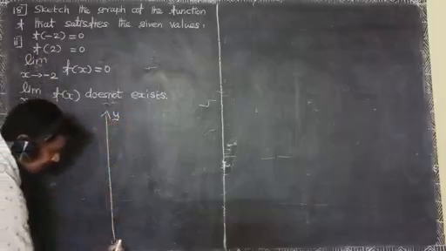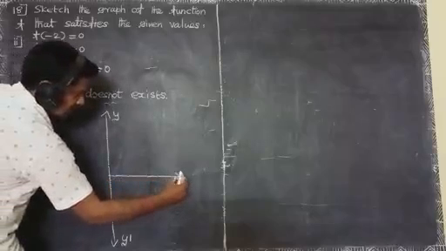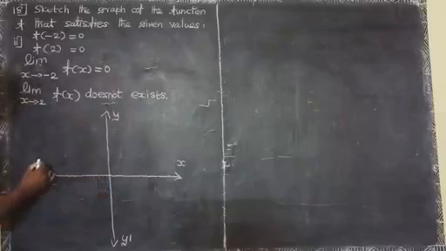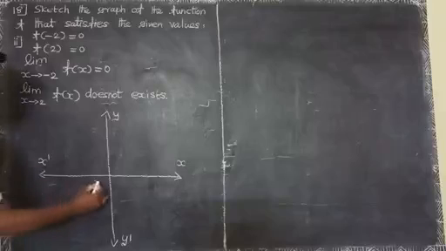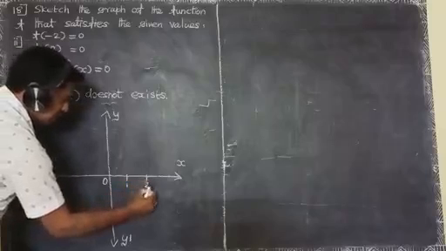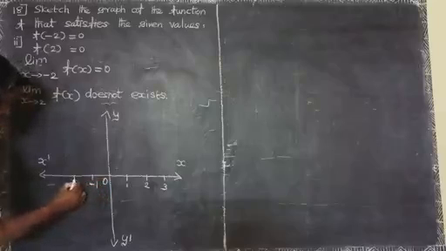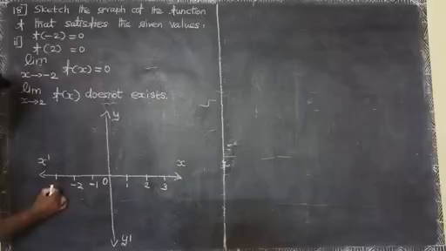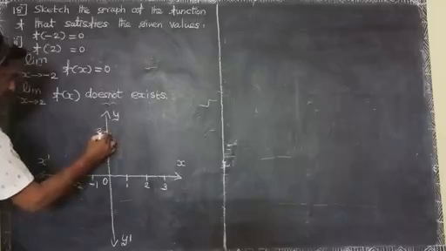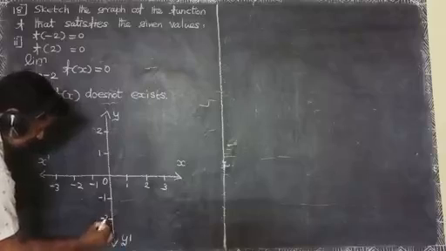Draw the y axis and x axis. This is the origin. 1, 2, 3, minus 1, minus 2, minus 3, and 1, 2, minus 1, minus 2 on the y axis.